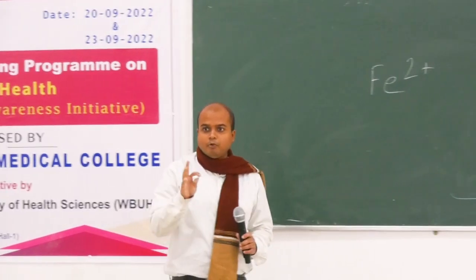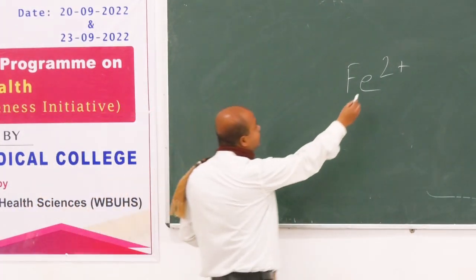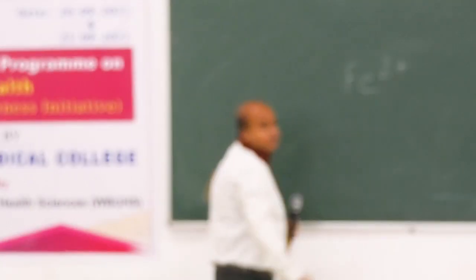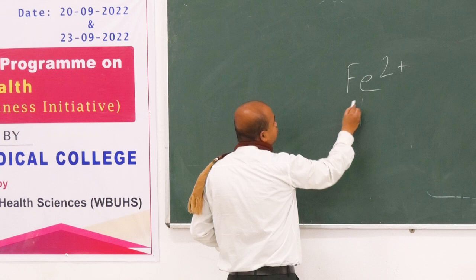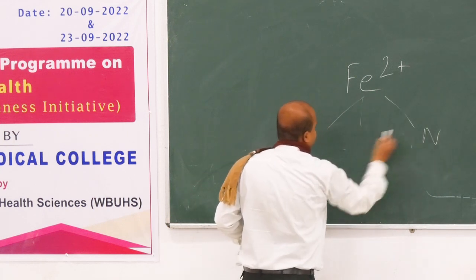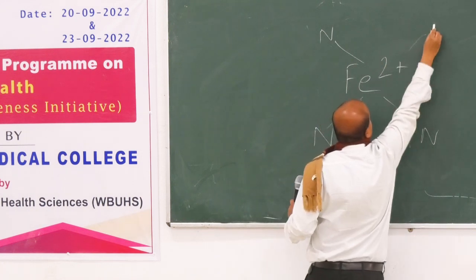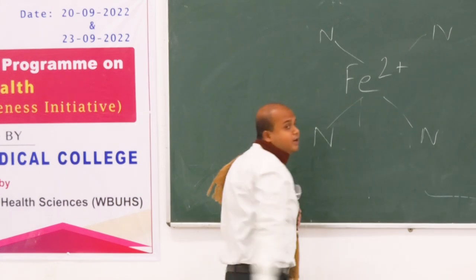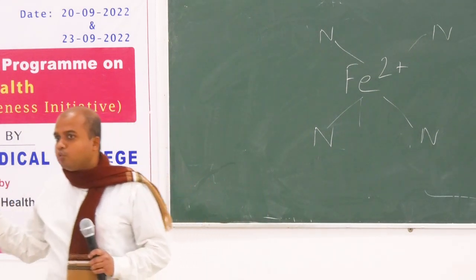Ferrous form is 2 positive charges on iron. So, this is the central iron in ferrous form, and it is connected to 4 pyrrole rings. The iron will be connected to the nitrogen, and then they will form the rings. You don't need to know the detailed structure.